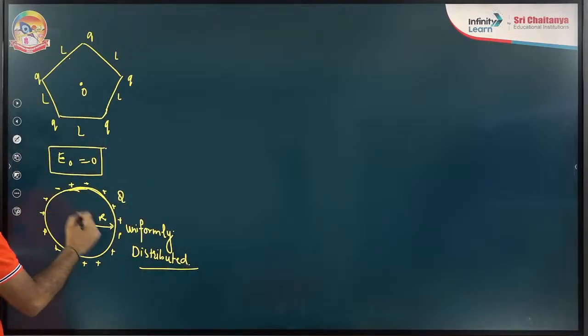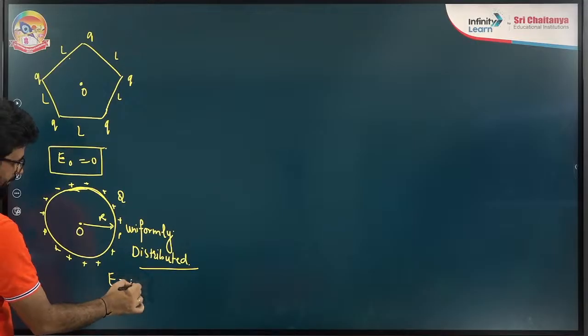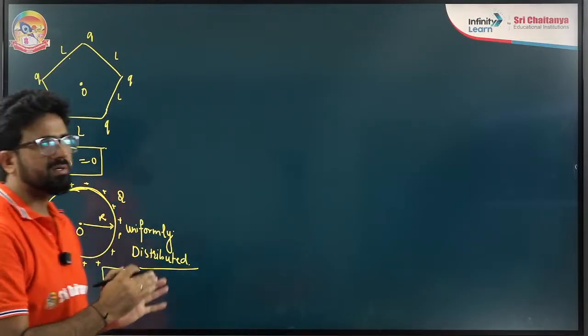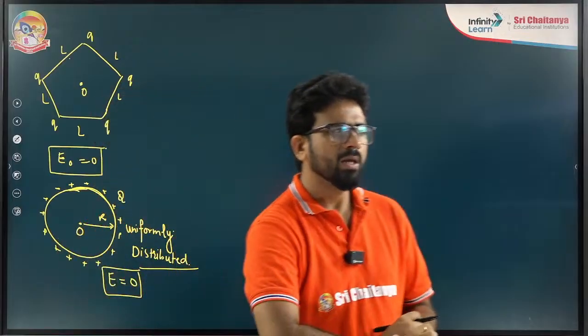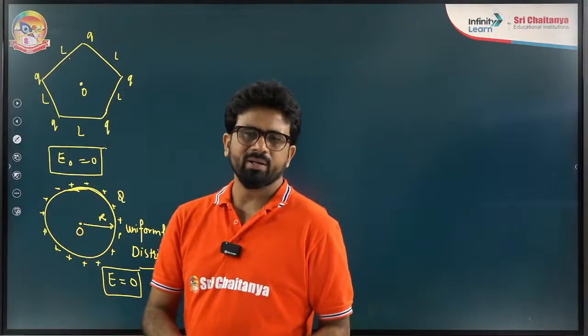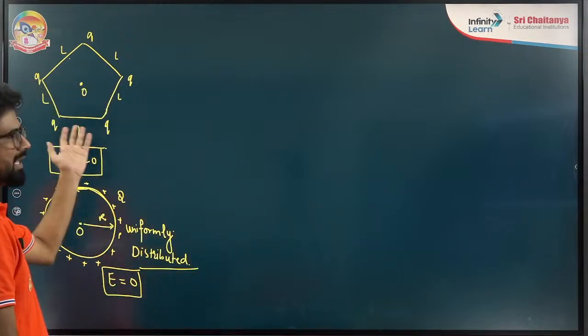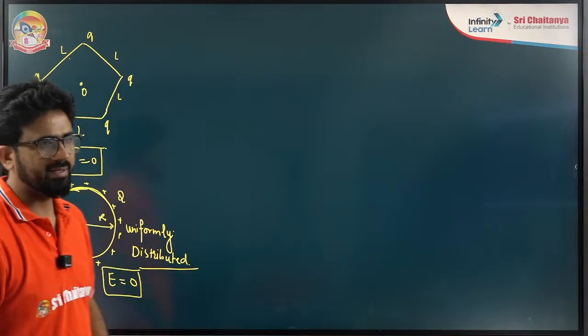Then the field at the center would also be 0. So try to understand it. Field at center would be 0. So this concept is clear to everyone. You can take negative charge in place of positive charge also. The answer would be the same. That is 0. Nothing is there.